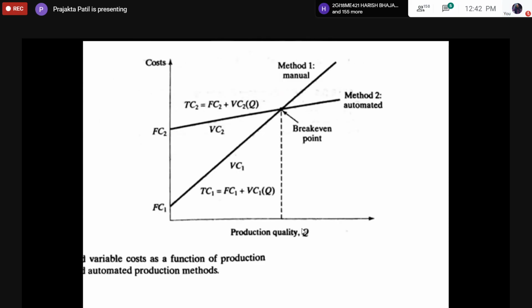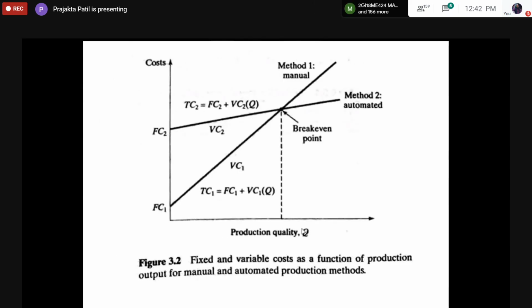This is one diagram which shows fixed and variable cost as a function of production output for manual and automated production methods. So basically this is a comparison of manual and automated methods with respect to cost and production quantity.